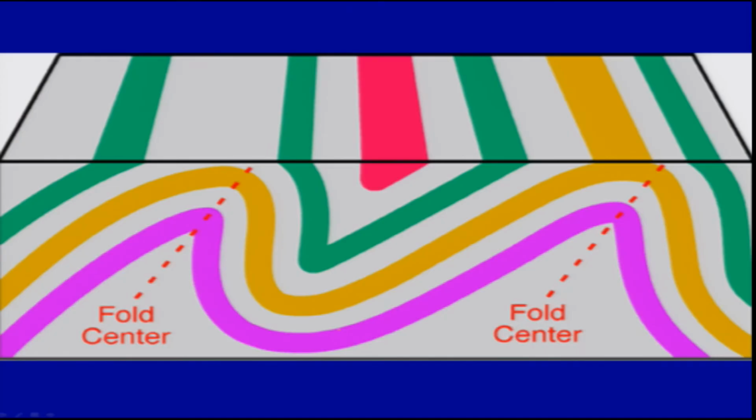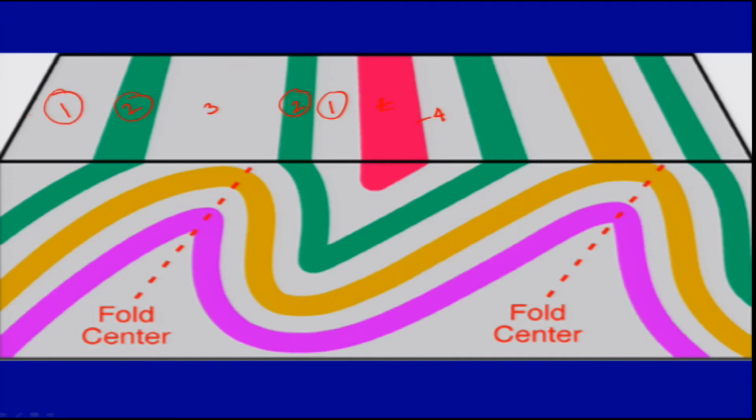So what you are able to note here is that suppose we mark this as 1, this as 2, then this is 3, and this again is 2, this is again 1, and then here you can say 4, which is not coming up. So what you are able to see is a repetition of the layers, or the beds.